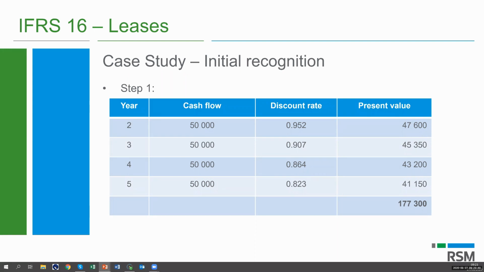And then you've got 4 more payments of 50,000 Rand over the next 4 years of the lease. Over the term of the lease, you discount at the 5%, and you get a present value, and you then calculate your lease liability. There it is, the 177,300. Quite simple, a normal amortization schedule discounting those payments at the various stages of the lease.